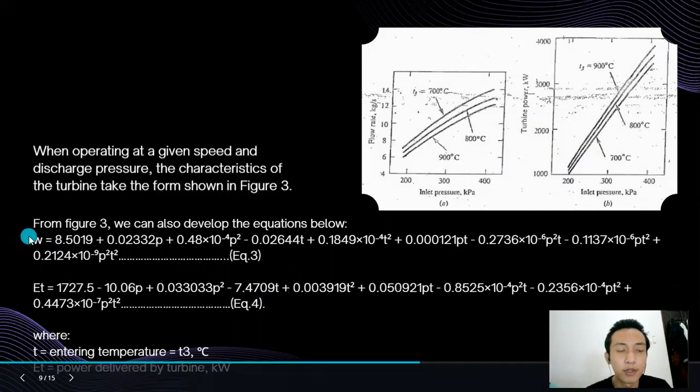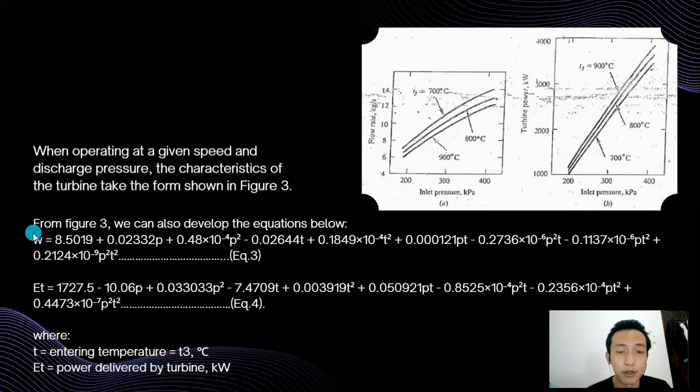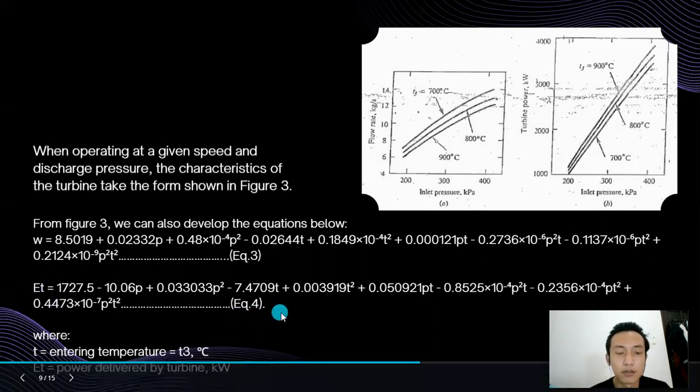Here we have the equation for W, the mass rate of flow, as we know from earlier. So we have this long equation, which is multivariable, and then equation 2, where ET is the power delivered by the turbine. We have this long equation 2 also.